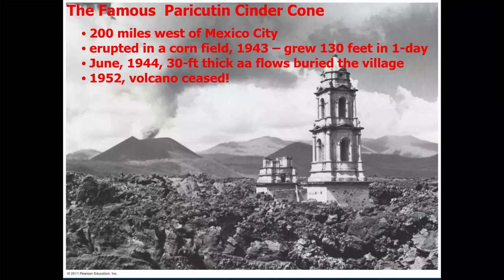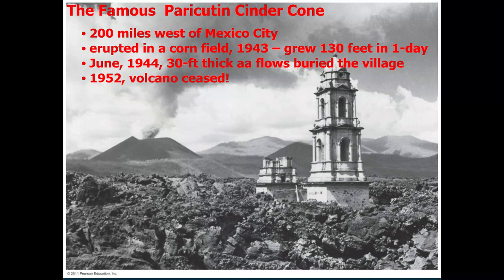And the story goes that the farmer was hoeing and tending to his field, and the eruption began in his cornfield. And in one day, the cinder cone in Paricutin grew 130 feet. And this took place in June 1944.